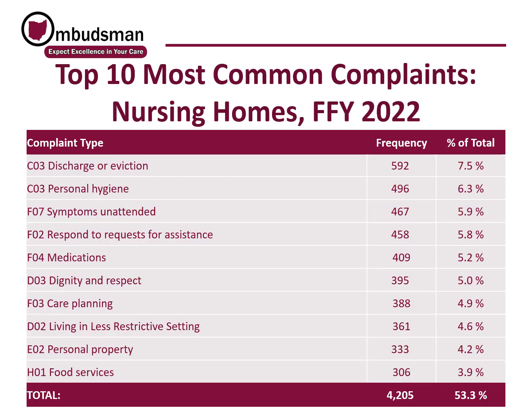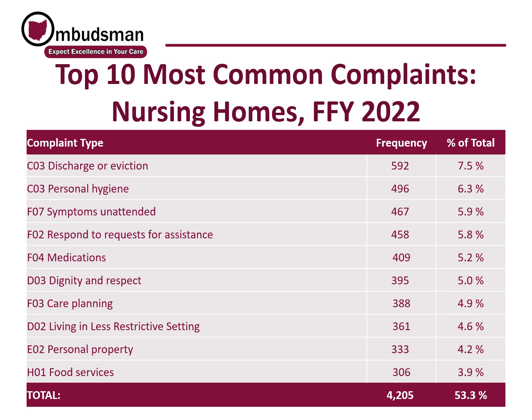Moving on to this slide, this table is from data pulled from federal fiscal year 2022 from our Otis system on the most frequent complaints for nursing homes from October 1st to September 30th for the federal fiscal year. We do report this data and a lot of other information to our federal partners at the Administration for Community Living.